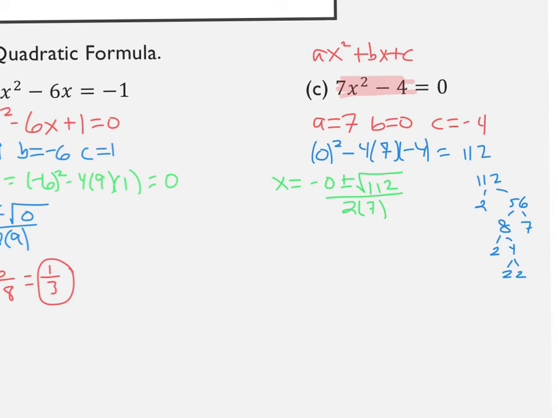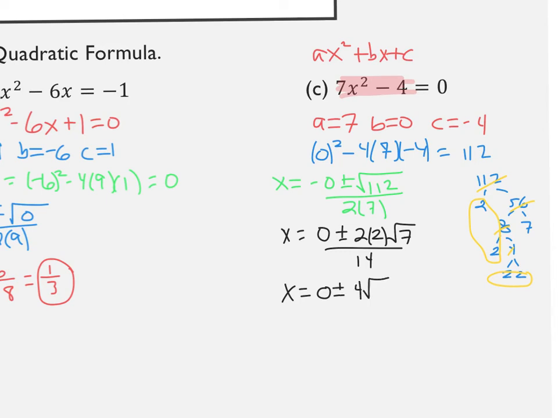Now, remember to come out of the radical sign, we have to circle partners. So I have a pair of 2's here and a pair of 2's here. So x equals 0 plus or minus 2 times 2 times the square root of 7 all over 14, or x equals 0 plus or minus 4 square root 7 over 14.